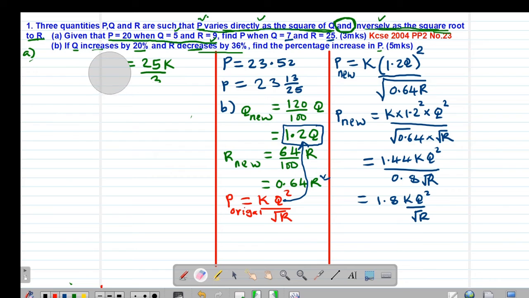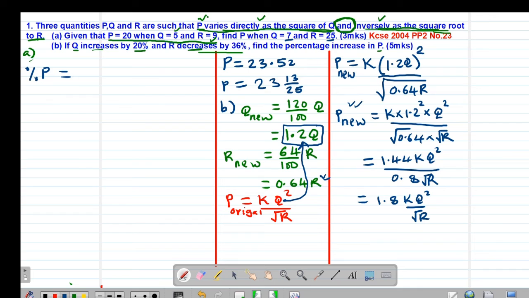Just like the percentage profit, you simply take the profit over the buying price, then multiply by 100%. Similarly, the percentage increase in P is like a profit. We are going to take the profit, which is the difference between the selling price and the buying price.